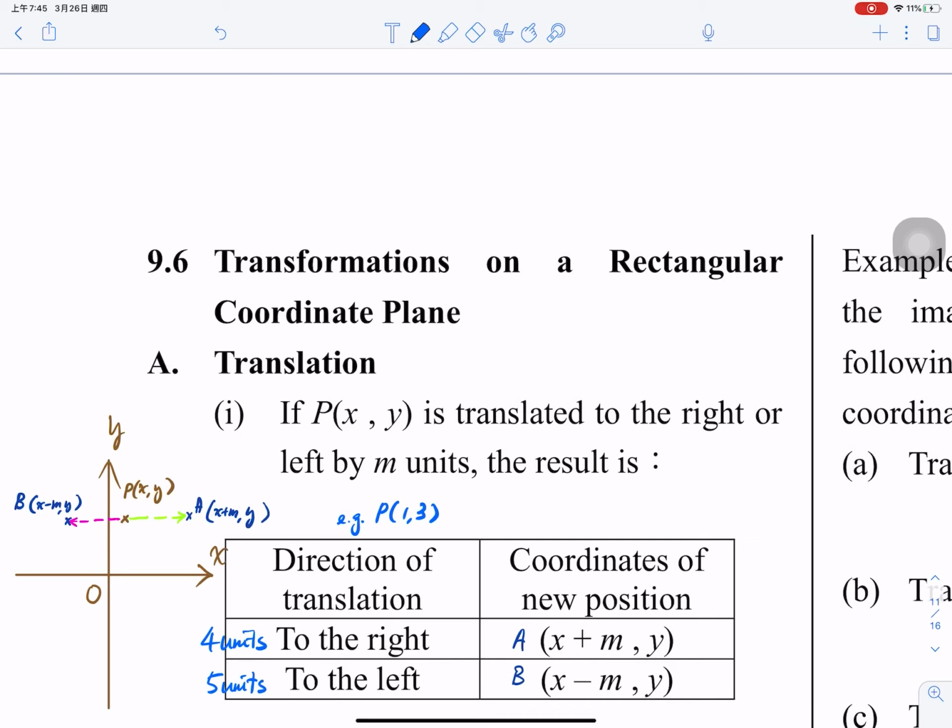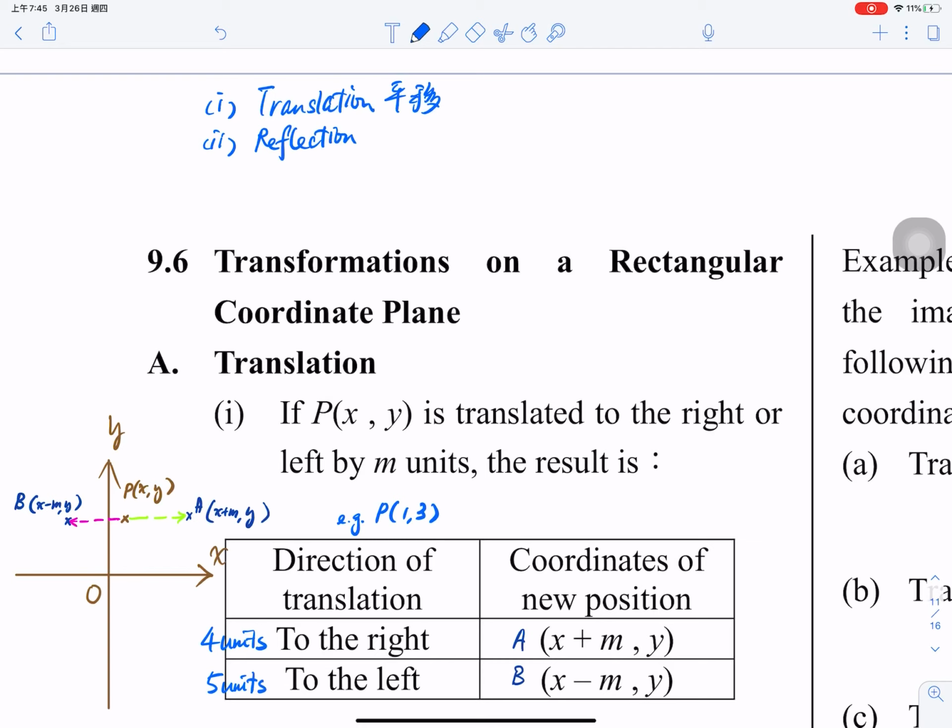Yeah, in chapter 8, you have 4 kinds of transformation. The first one, yeah, translation. In Chinese, this one. The second one, yeah, reflection.